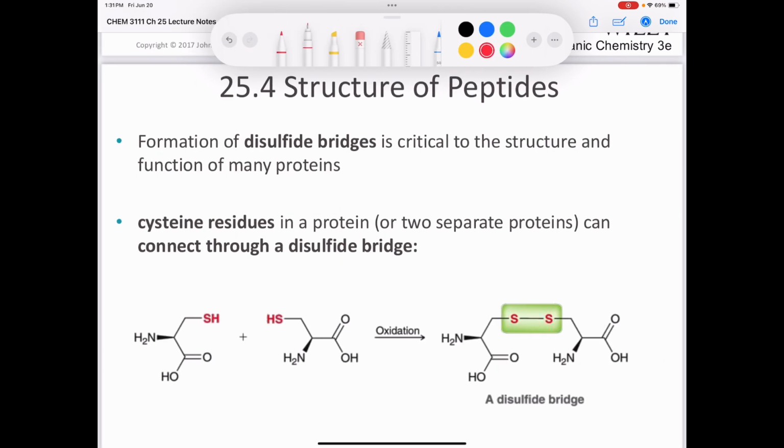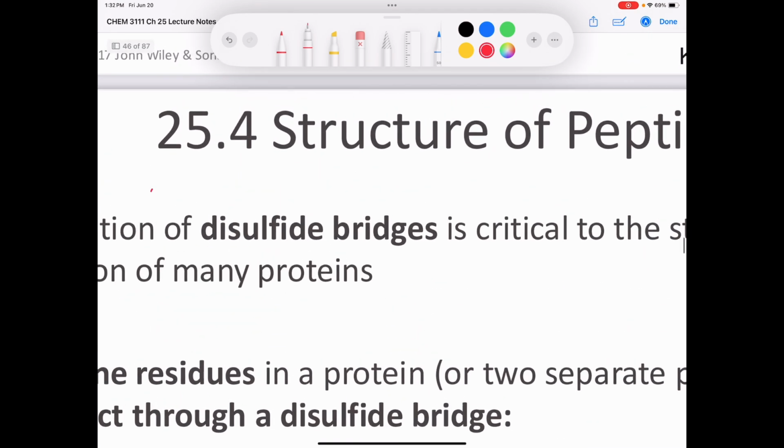Now, way back at the beginning of this course, we talked about thiols a little bit. And you might remember that thiols can be joined together via an oxidation process to form a disulfide. So if we have, let's say, ethane thiol plus another molecule of ethane thiol like this, and you join them together to form a disulfide like this, keep in mind this is called a disulfide.